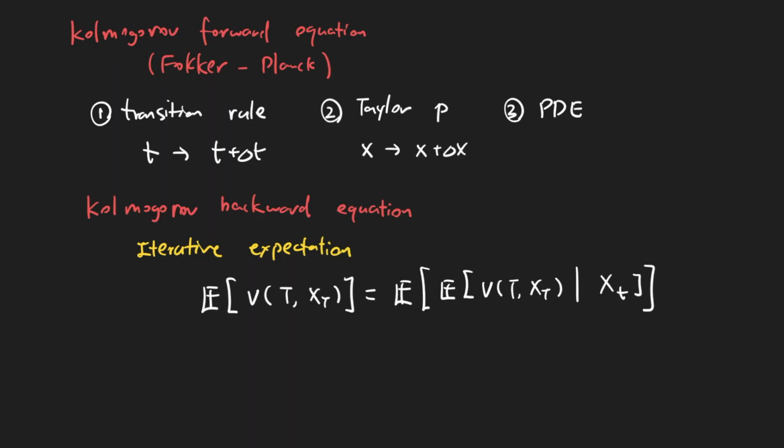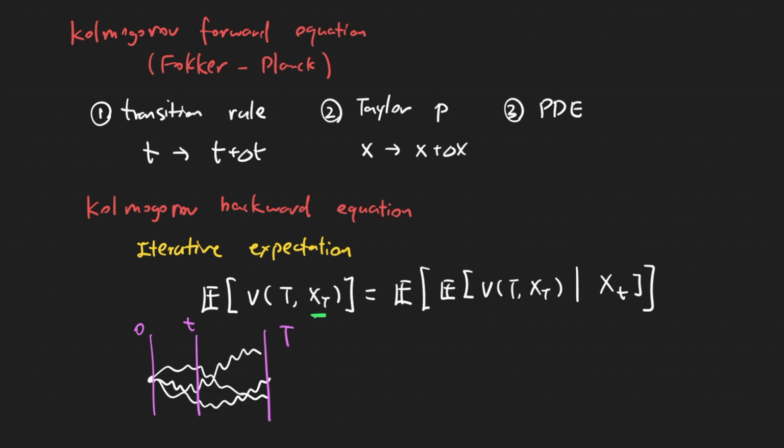If we look at this equation here, on the left-hand side, we have a random variable whose randomness depends on X capital T. This is equivalent to starting at time 0, and then computing the expectation of some function at time capital T. The iterative expectation is saying that we can break it down into two expectations. We can split the time period into two parts. Let's call this split point small t.